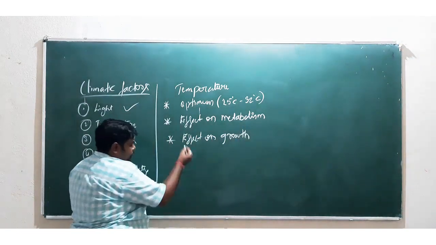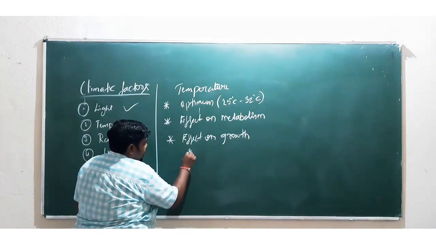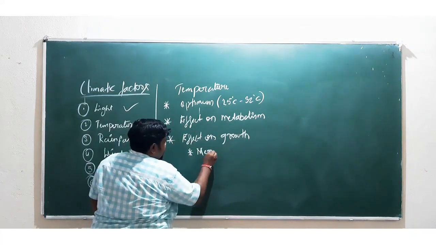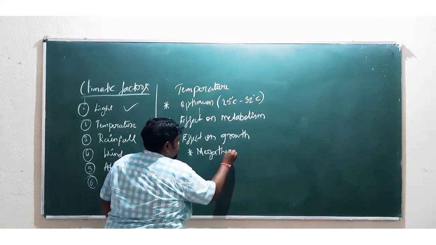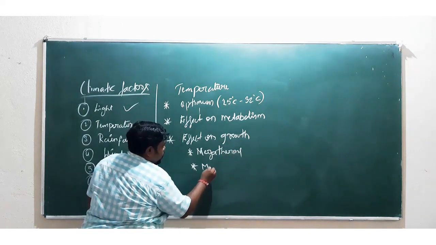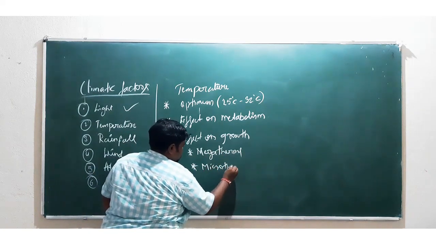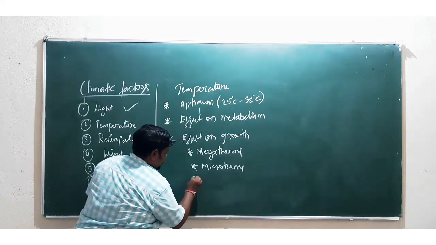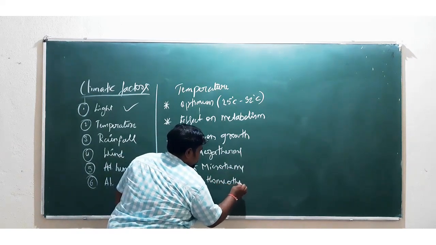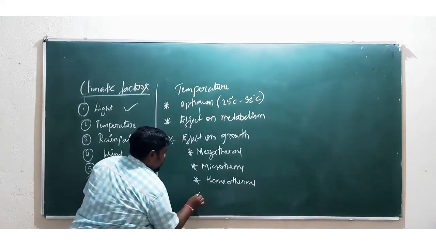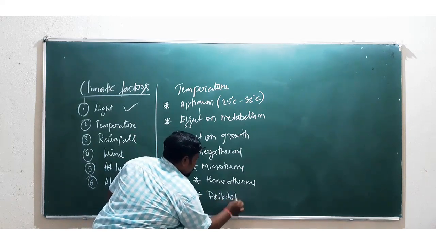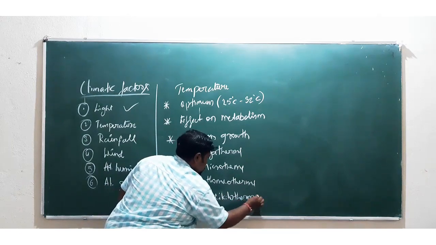With reference to this, we can group the plants into various groups, called megatherms, microtherms, homeotherms or poikilotherms.